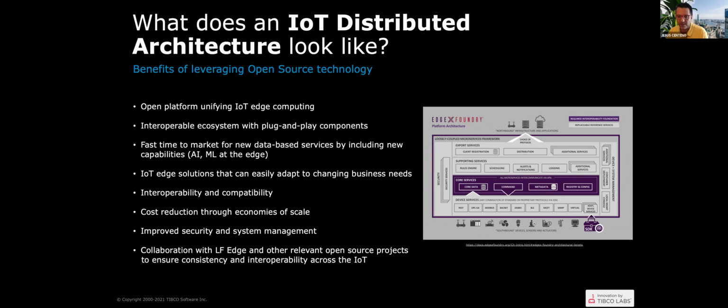This is the framework that organizations like Intel, HP, IBM, Accenture have based their IoT strategy on as well. So for us, it's very easy to go into the ecosystem and collaborate with other organizations that have the same common denominator as we do.